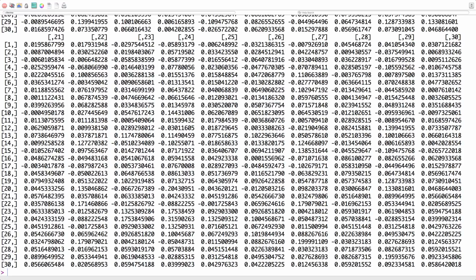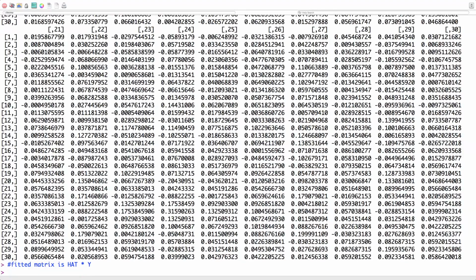And guys, remember our fitted matrix is our hat matrix times our y matrix. So I'm going to call it fitted. So this is going to be hat times y.